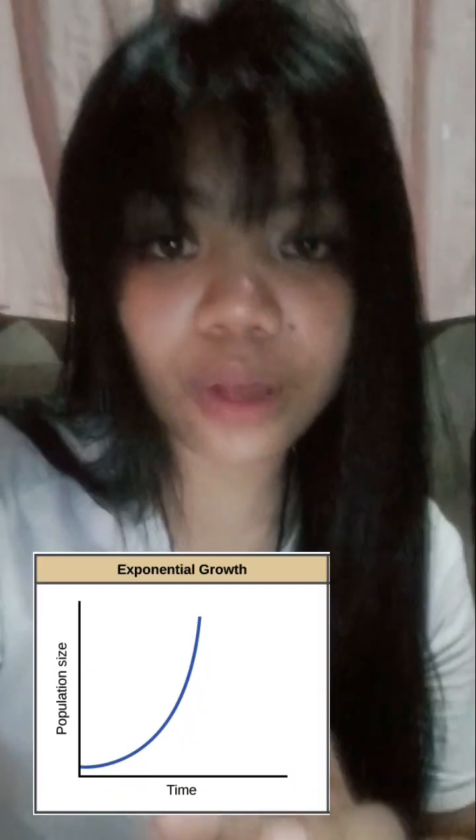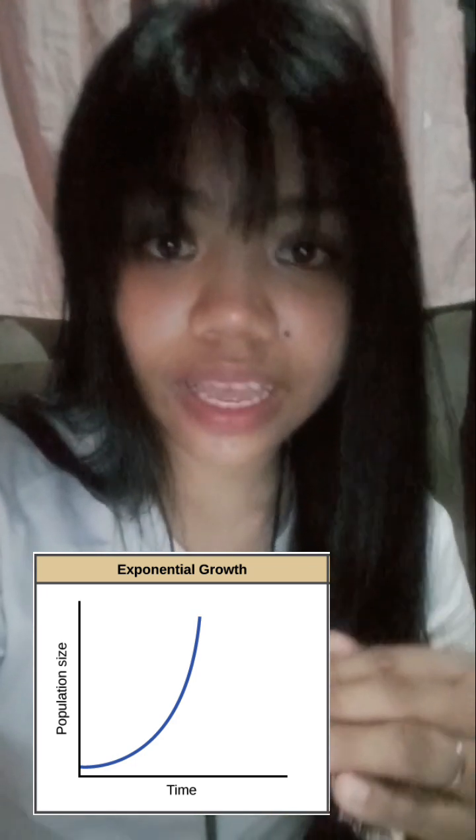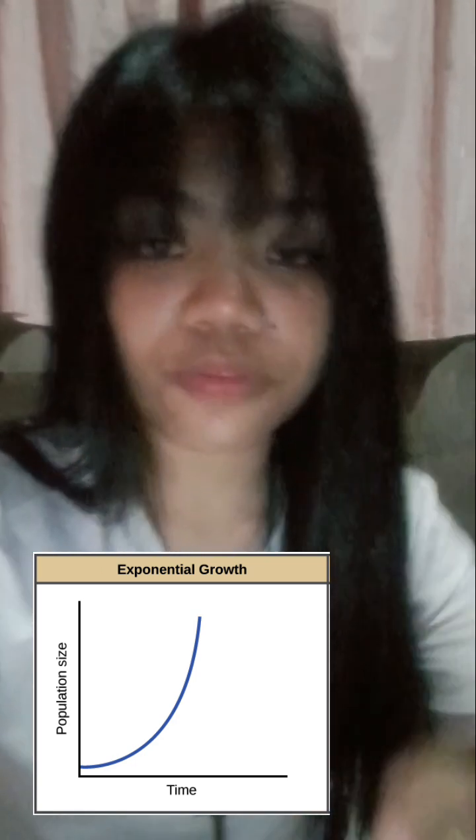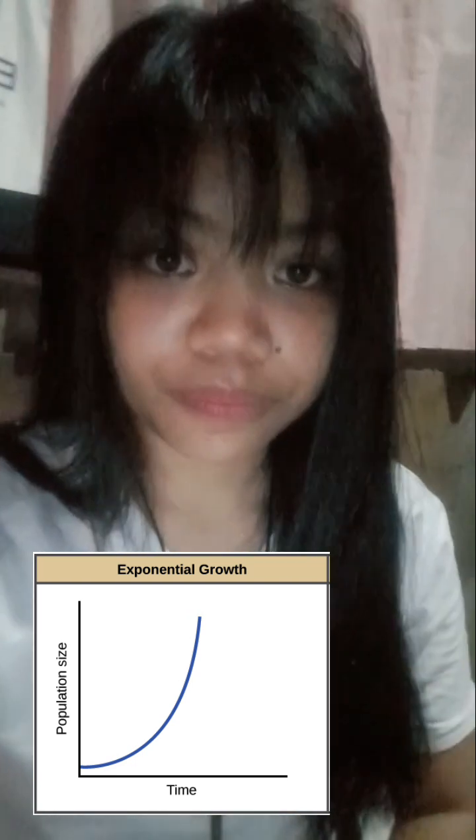There are two population growth types that explain how a population rate increases and decreases. First is exponential growth.